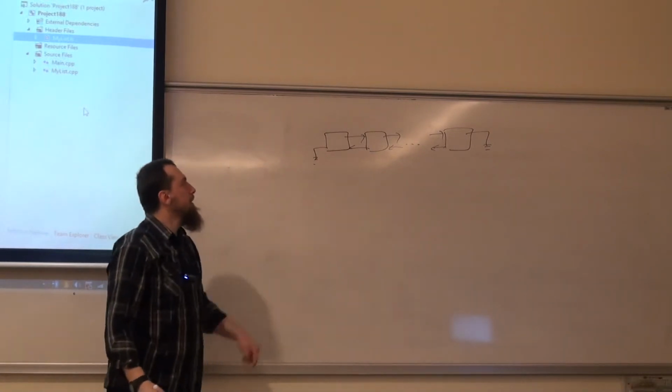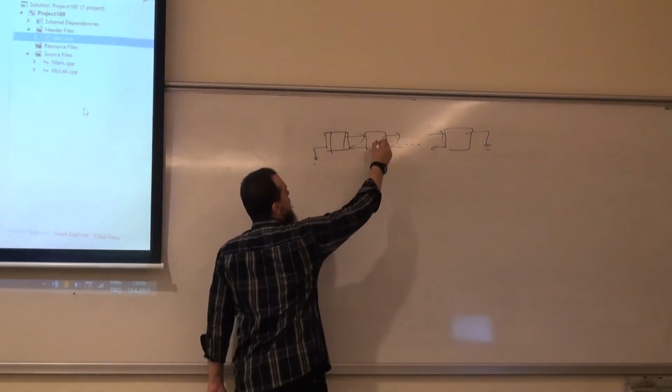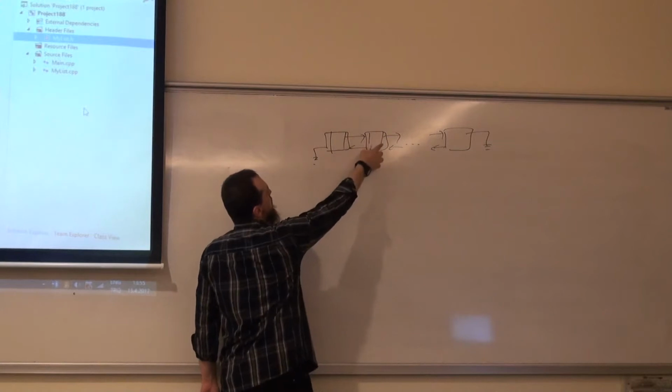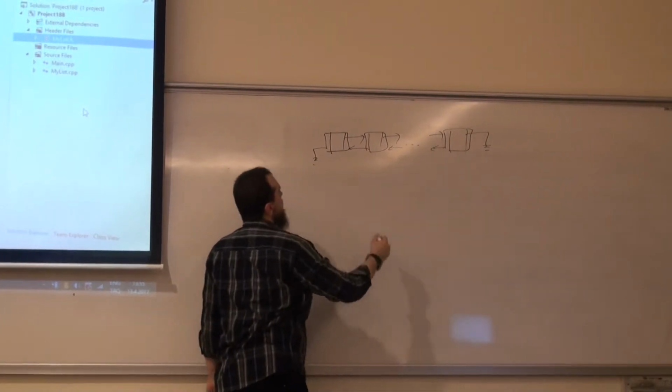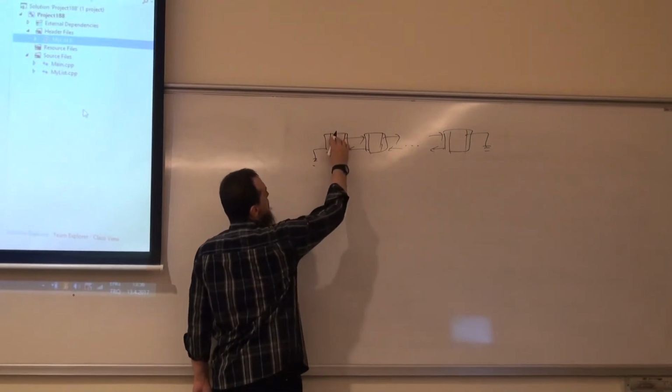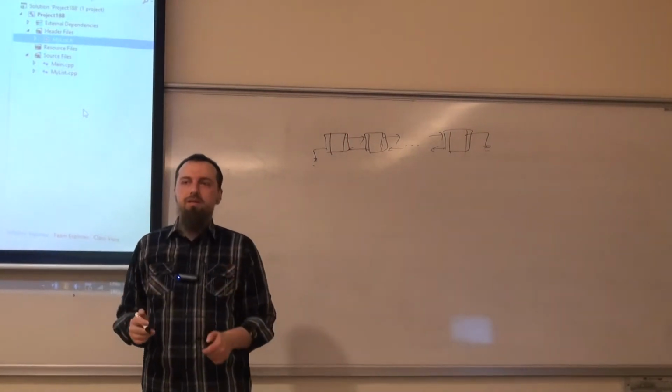We had the right and the left pointer. Usually the right pointer was called next. The left one was called previous. You can name it as you want. And usually we have one or more data fields here where we keep our data.